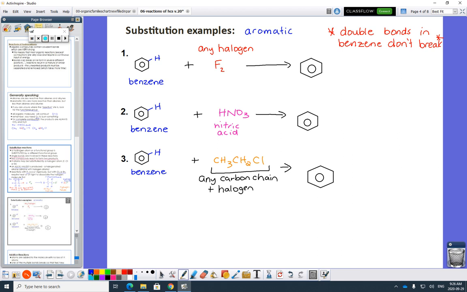If you forget what the halogens are, the pink periodic table tells you the groups at the bottom. It'll remind you where the halogens are, okay? So it's basically the same thing that we just did. The hydrogen's going to come off, and then the F will go in its place.